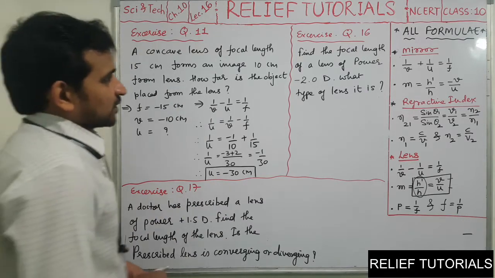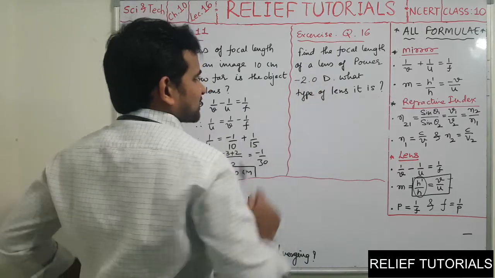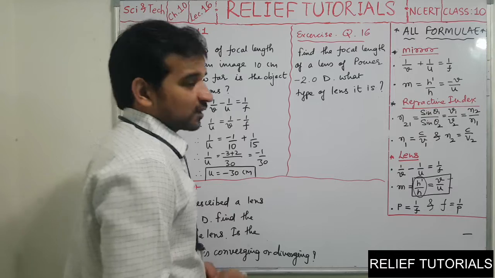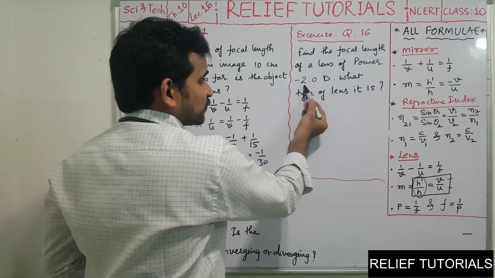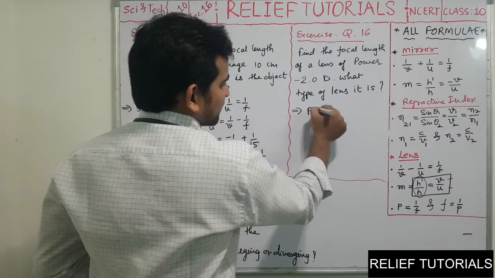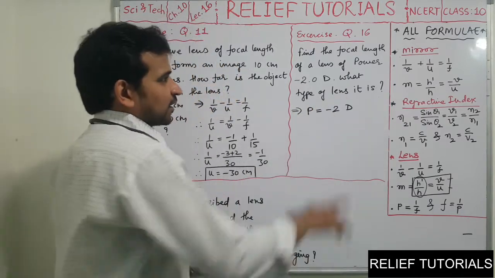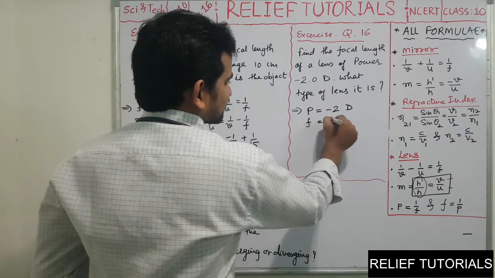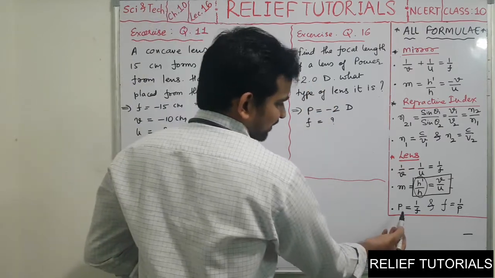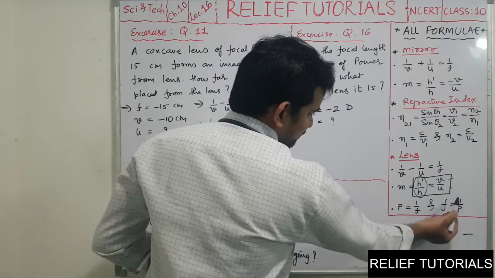Simple. Question number 16. Find the focal length of a lens of power minus 2 diopter. So here the power is given minus 2 diopter, and we have to find the focal length. So we can use this relation. P is equals to 1 by f, so f is equals to 1 by p.